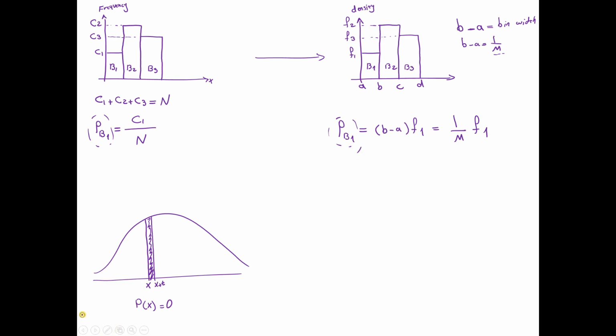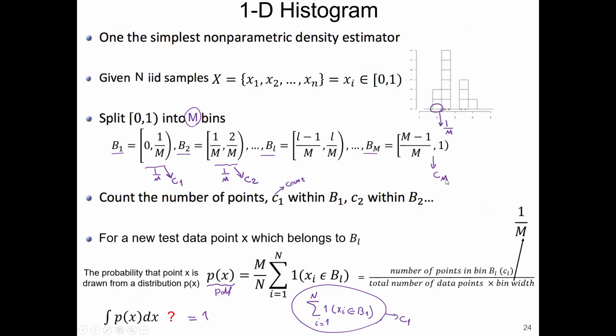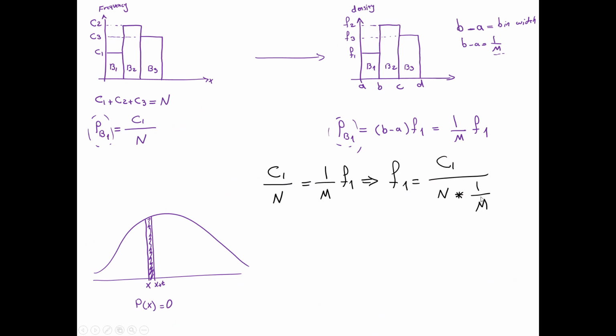I'm going to equate them here, which means C1 over N is equal to 1 over M, F1. So this means that F1 is equal to C1 divided by N multiplied by 1 over M. So if I go back to this equation, C divided by the total number of data points multiplied by bin width. So we can see how we got to this point.